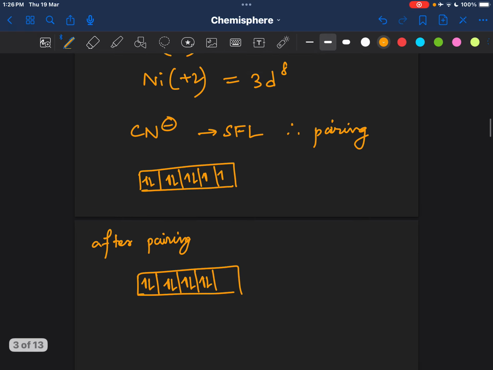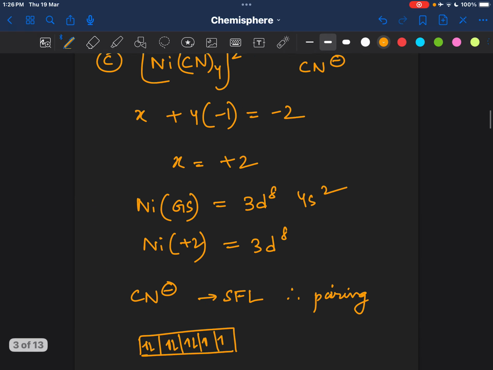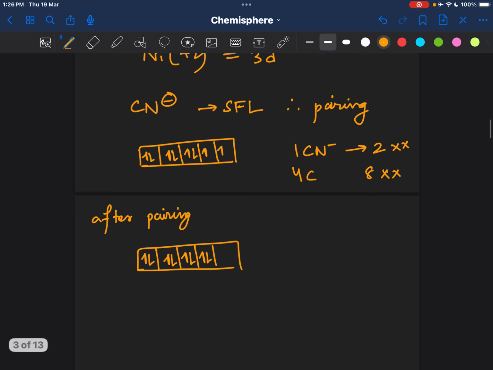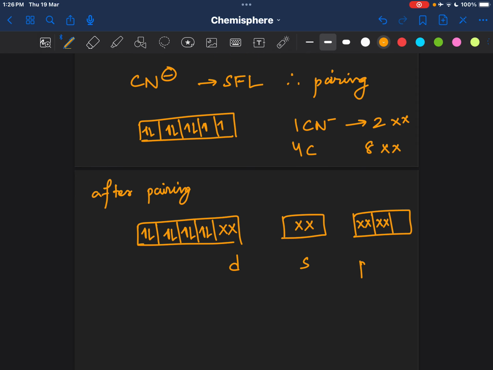Since there are 4 CN minus, and 1 CN minus contributes 2 electrons, 4 CN minus will give us 8 electrons. So the 8 electrons are going to get filled in these empty orbitals: 2 here, 3 4 5 6 7 8. So therefore the hybridization is dsp2. Therefore this is a square planar complex.